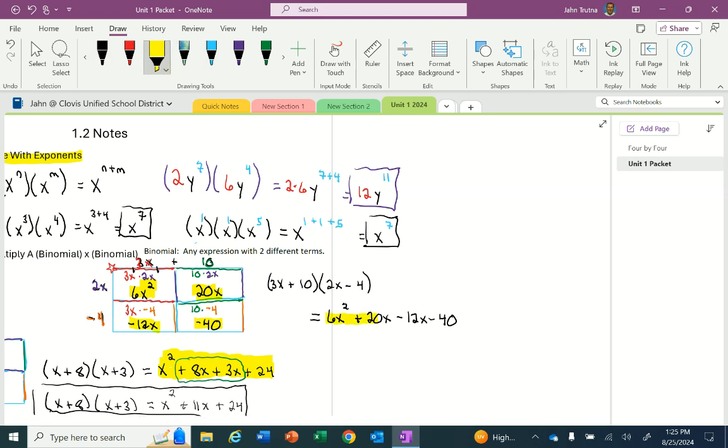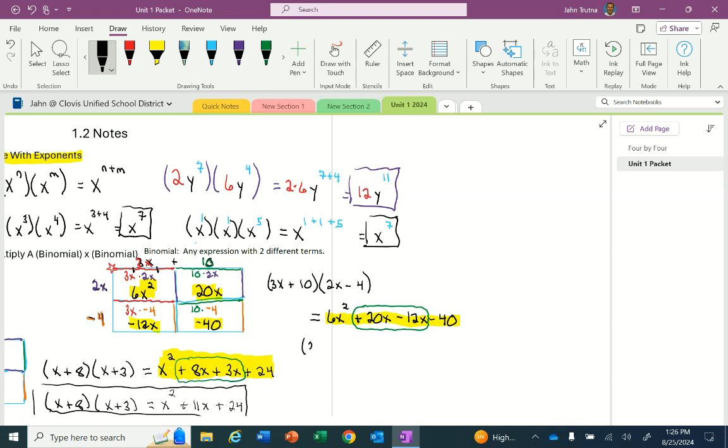6x squared plus 20x minus 12x minus 40. However, as you can see, once again, we can combine the positive 20x with the minus 12x. So I always want to write my answer in its simplest, most combined version.